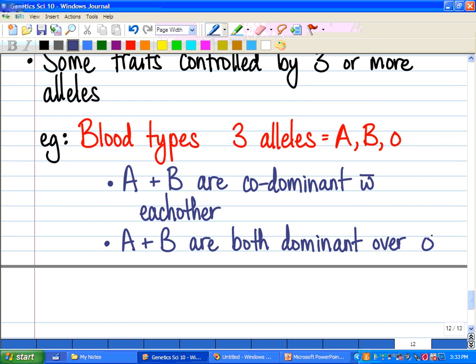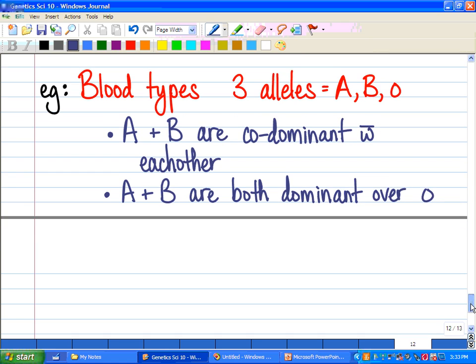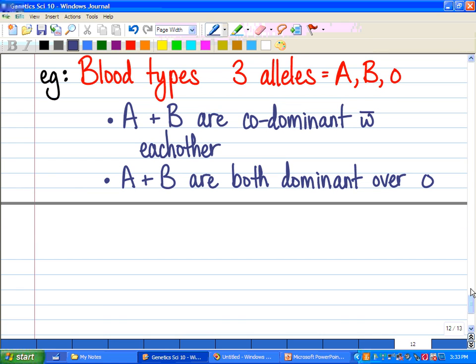So, just to put this together so that we can see how the genotypes and phenotypes relate to each other, let's make a little table. We'll make a column for phenotype, and then we'll make a column for genotype.